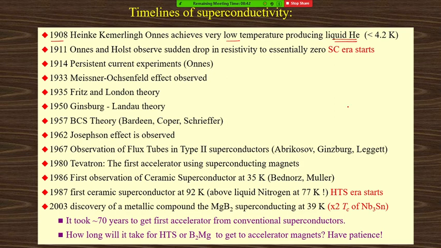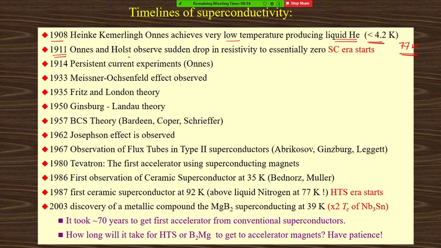At that moment, liquid nitrogen at 77 Kelvin was available, but liquid helium was not available in 1908. So at that time Kamerlingh Onnes produced liquid helium, whose temperature can be below 4.2, about 4.04 Kelvin.